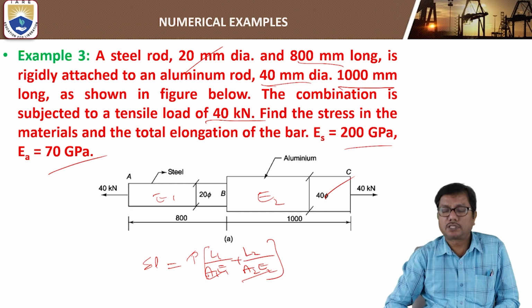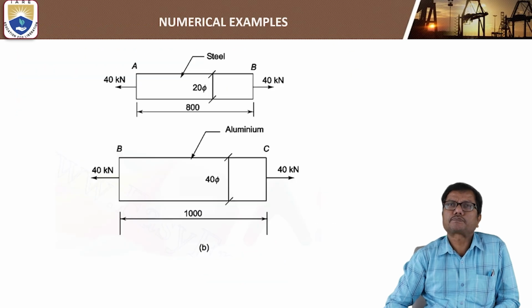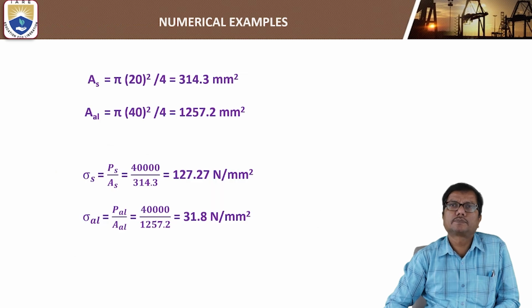That is Newton per mm square; megapascal is Newton per mm square. So the extension of portion 1, AB, is delta L1, and that of portion BC is delta L2. Everything is known, just by substitution you will get.